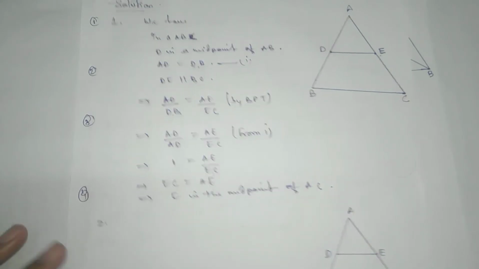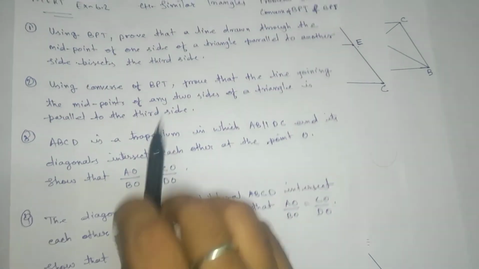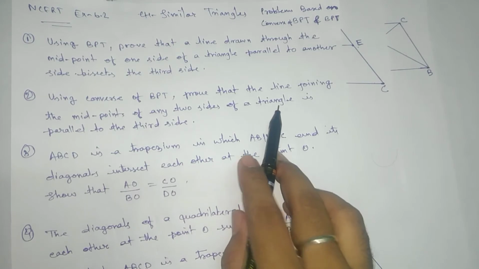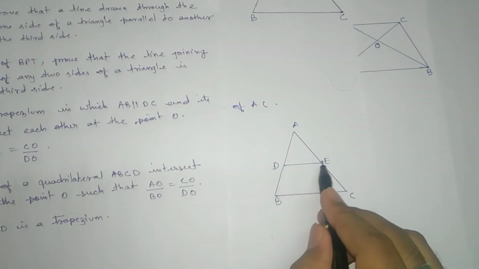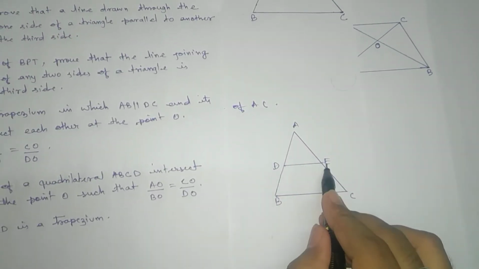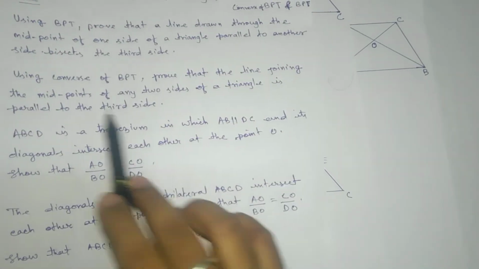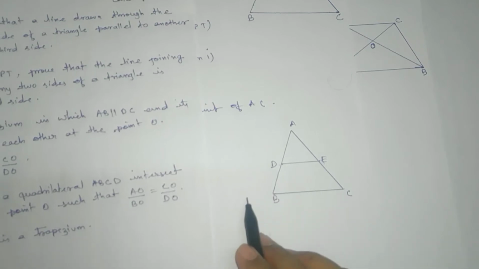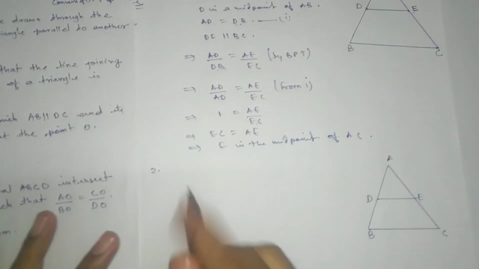Second problem, let's see. Prove that line joining the midpoint of any two sides of a triangle is parallel to the third side. That means this time D and E are midpoints, and you need to prove that DE parallel to BC.